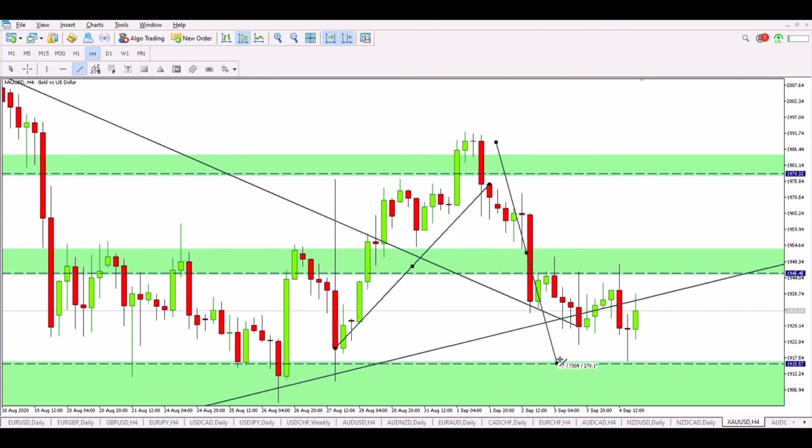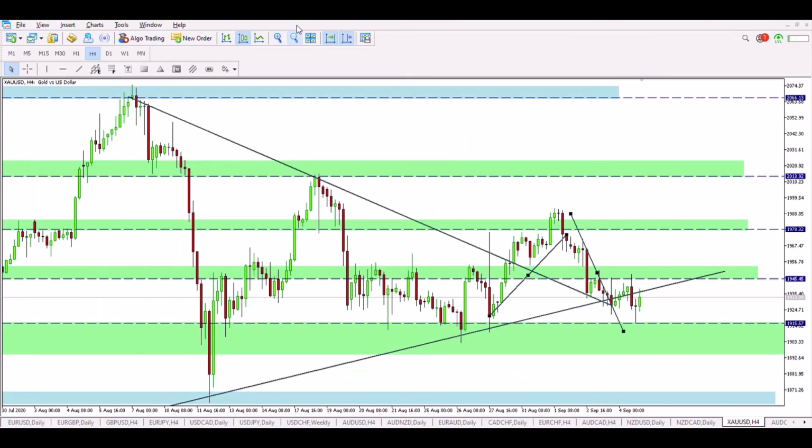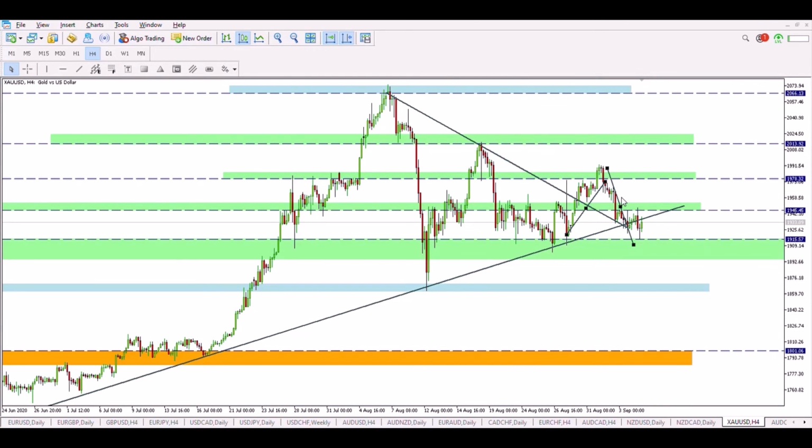and the price is currently retesting this support zone. So this is the demand area where a lot of buyers are joining the market and where the sellers are betting for the price to go down. So we can see a breakthrough above this resistance and above this resistance probably, and possibly a break above this resistance. So we can see a bullish move to these previous zones right here, or a bearish move to this support zone.